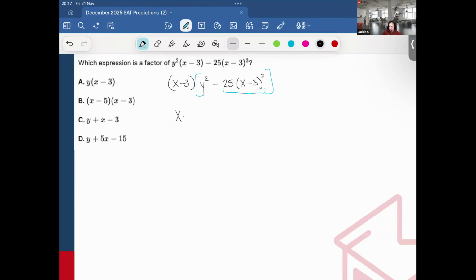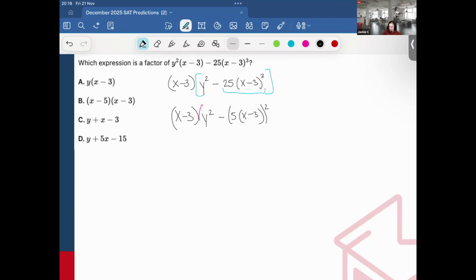So I do x minus 3 times y squared, and then that would be basically the same as minus 5, like x minus 3, and then squared. And then here we have a difference of squares. Think of this as a squared minus b squared, which always simplifies to a plus b, a minus b.